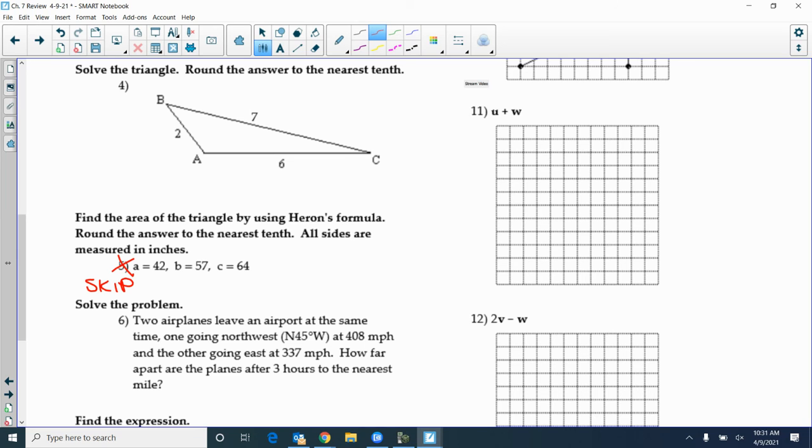The answer key is also online: go to today's agenda and click on that to double check. This is an assignment, it does need to be turned in. It's 20 points, turn it in by Monday.